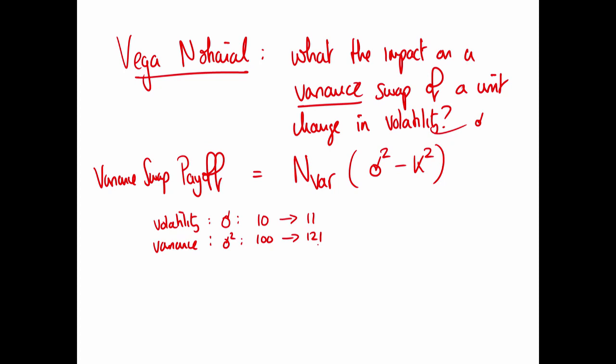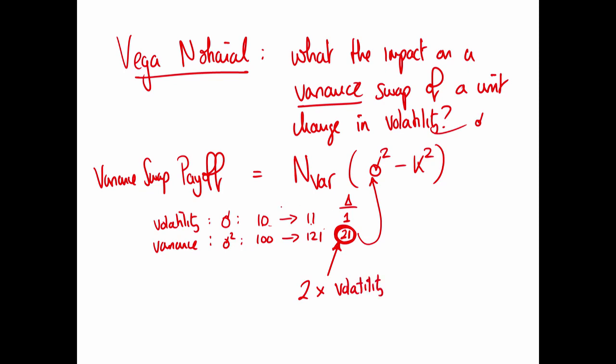Now, this is going to be the impact. If I think about the change here, for a 1 unit change in volatility, there has been a 21 unit change in variance, and that's what's going to affect my variance payoff. So what's the deal here? Well, you might notice that this 21 here is about 2 times our general volatility level, so the actual impact is 2 times our general volatility level.